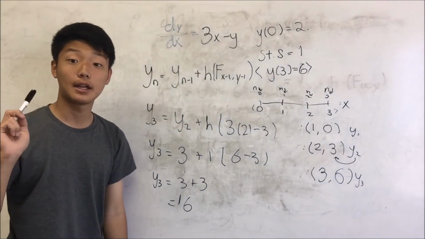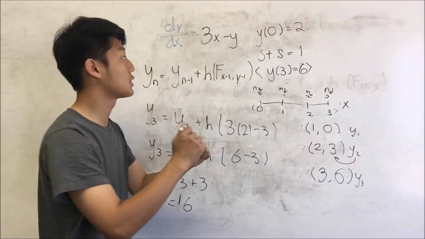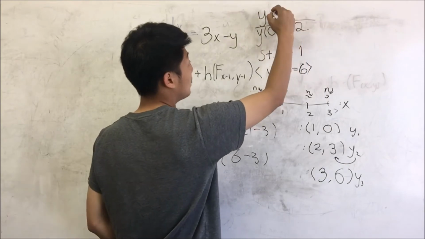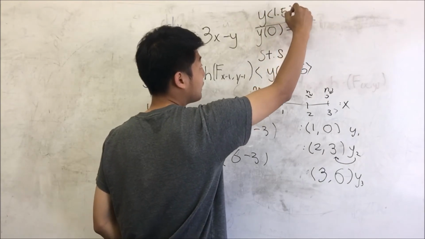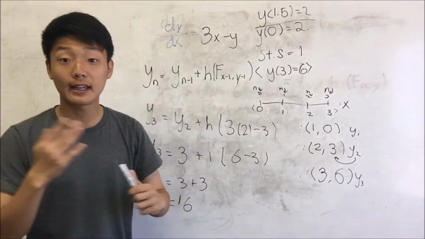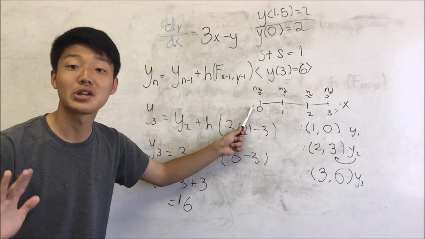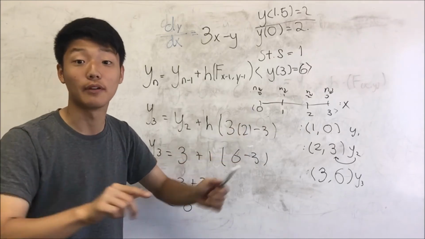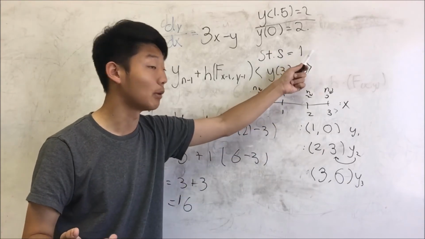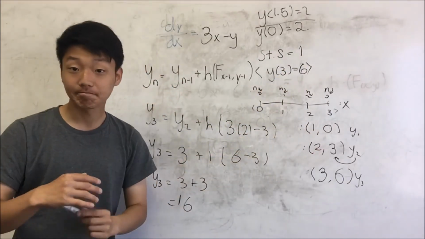And if the initial value is, this is just an example, y of 1.5 equals 2, and the step size is 0.5 again, then at n1, you have to start with 1.5. So, and then start your trip. 1.5, step size 0.5, so 1.5, 2, 2.5, 3, like that.